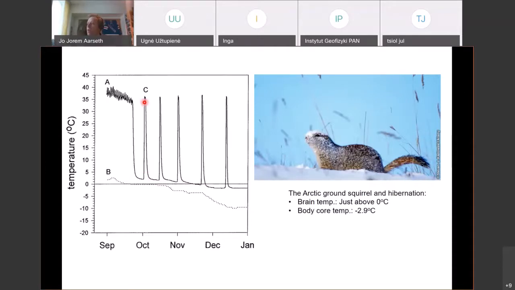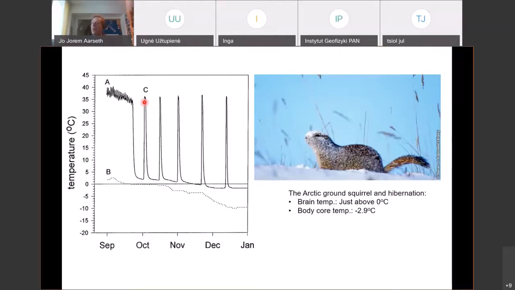The body core temperature is actually minus 2.9 degrees. And that is also very low. But in the Arctic ground squirrels, there are a lot of small molecules that prevent ice from building in sharp spears, so it doesn't destroy the cells. So the ice formation in the Arctic ground squirrel is more round crystals, which just take space.